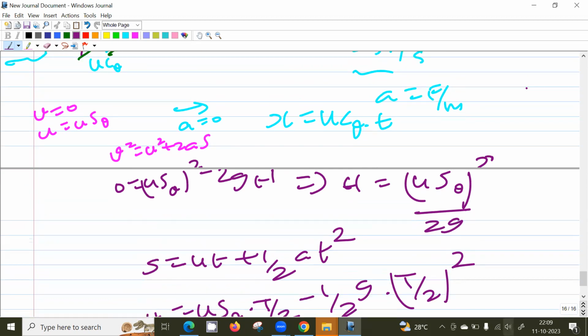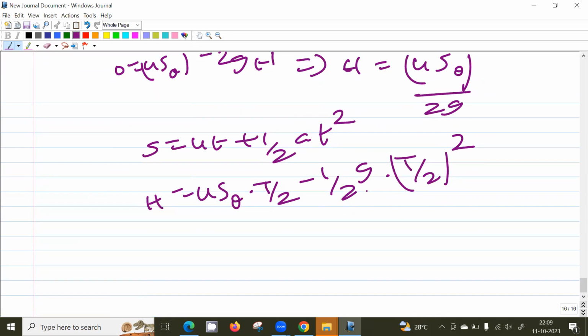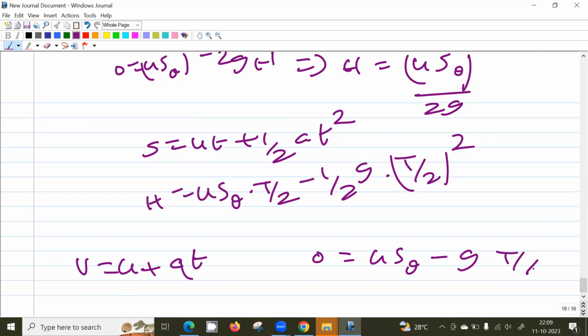So to get the time of flight, I can use the other one, v equal to u plus at. So v at the topmost point is 0, and u at the bottom point is u sin theta, and acceleration is minus g, and time is t by 2. So from this, I'll get the time of flight. Okay, so the earlier approach is not required. It will make it complicated.